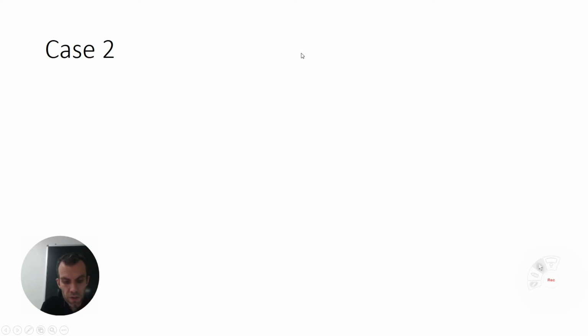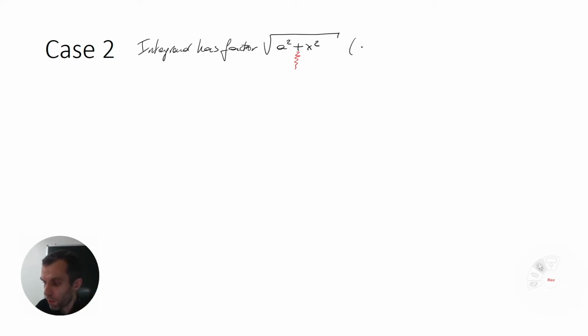So now the next case is of course the one where it's not minus, it's plus. So here we have an integrand with a factor square root of a squared plus x squared. So that's the difference with the previous slide, and again we will assume that a is just positive.